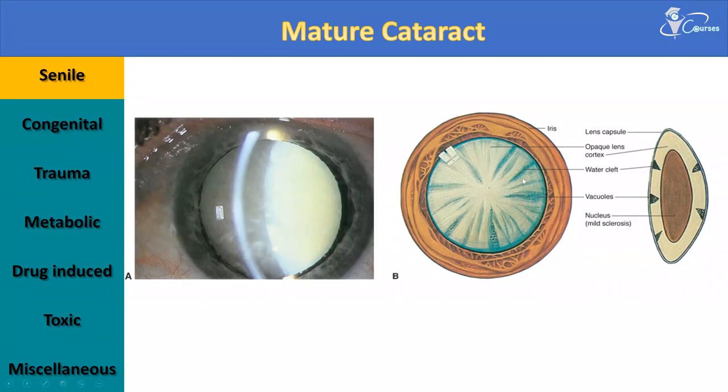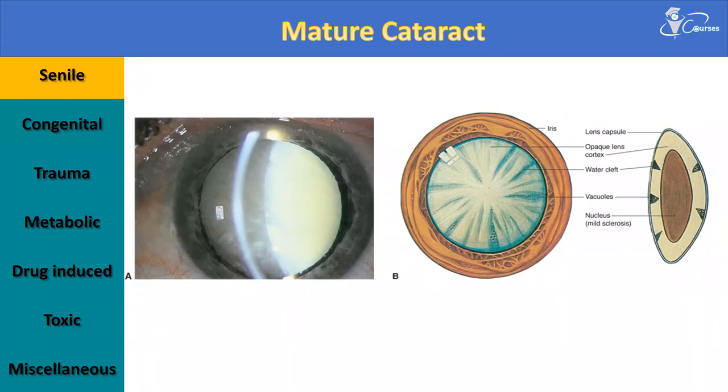And then when there is no cortex anymore, the whole cortex is liquefied, leaving only the nucleus in the middle. When there is total liquefaction of the cortex, the lens becomes totally white and swollen. In this case, we call it a mature cataract.